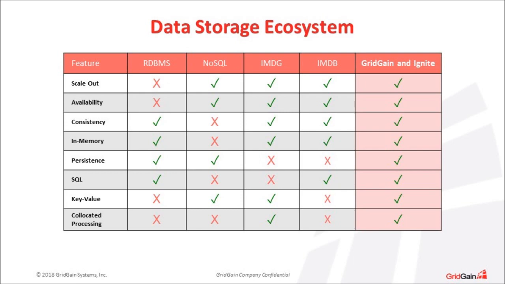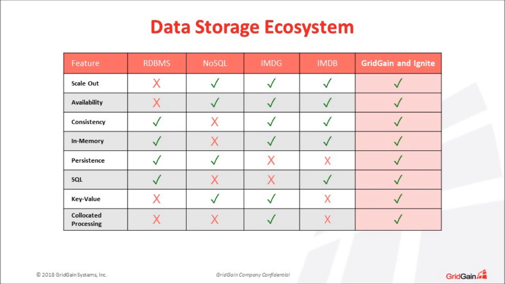That became a problem when big data came around, and that's when NoSQL databases came up. They became scalable, but now they're not transactional. That's where eventual consistency came around, and you had to make transactional or consistency sacrifices in order to achieve horizontal scale. Also, they weren't in memory, so the performance was still not as great.